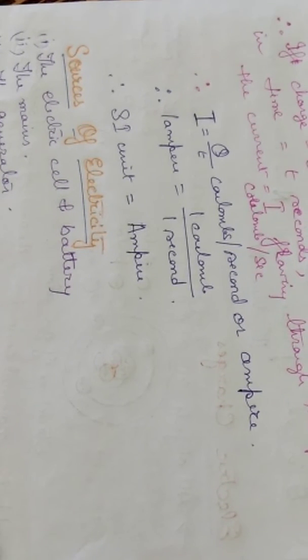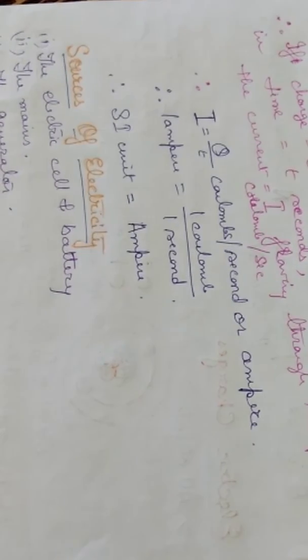So if Q coulomb of charge is flowing through a point in time t seconds, then current I is equal to Q by t, and the unit will be coulomb per second.